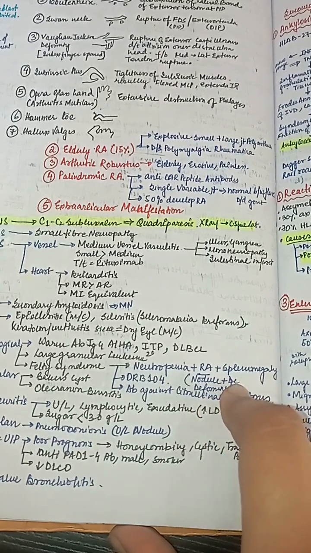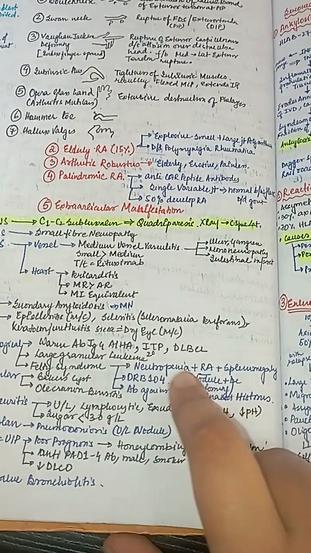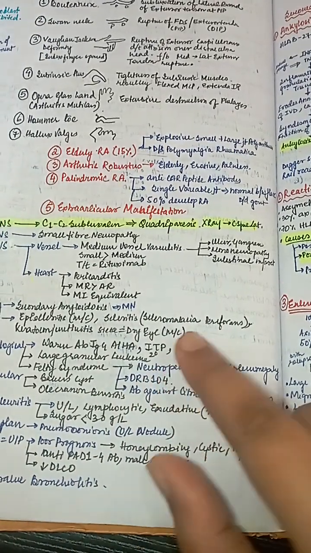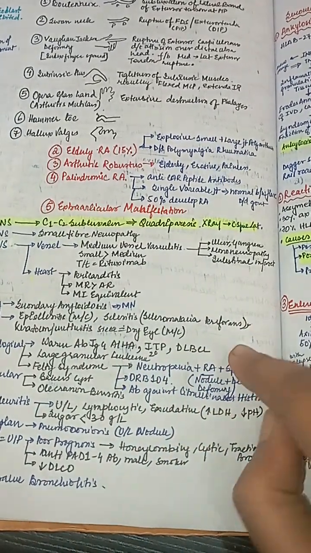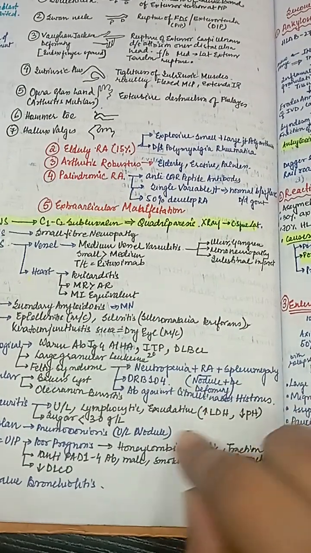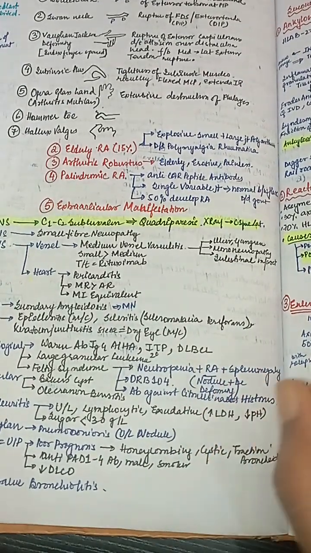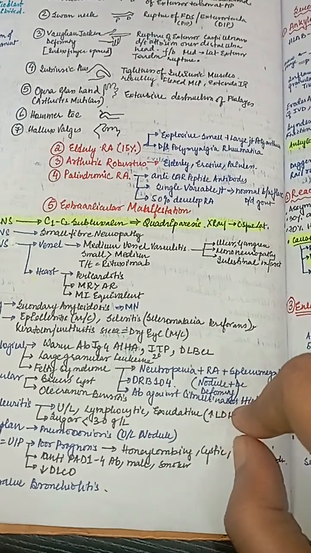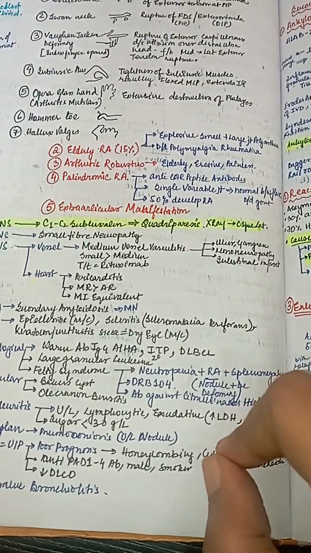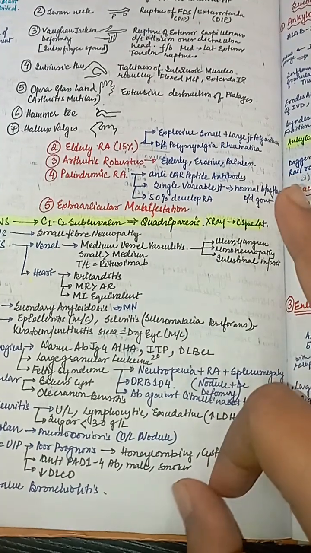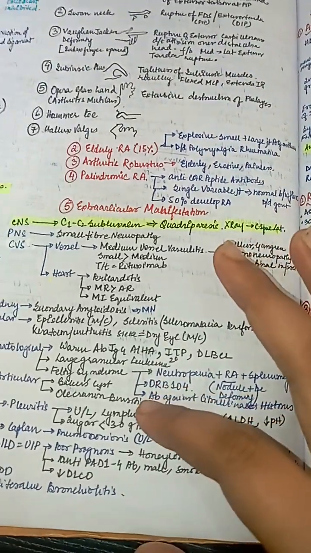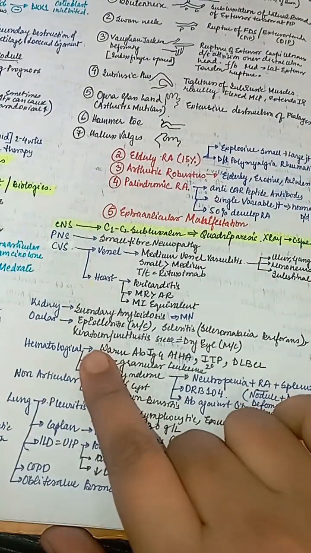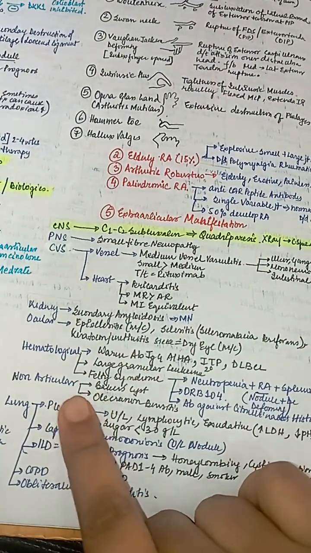RA nodule and deformity are to be present. This is hematological.